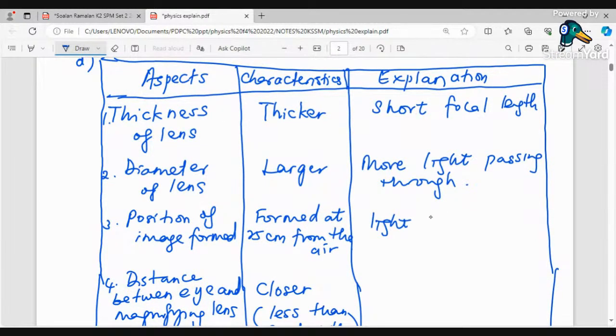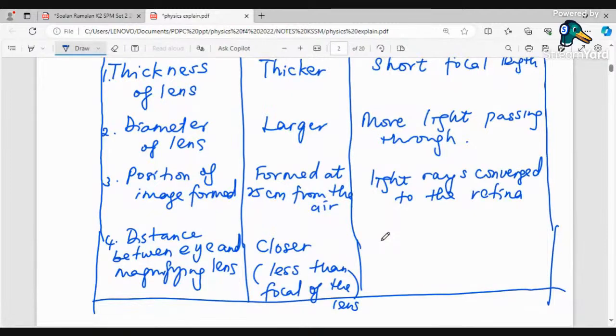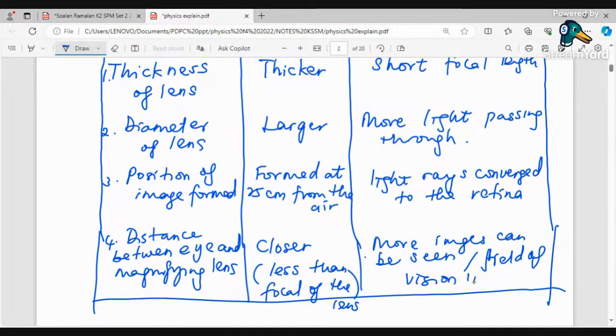So that we want light rays converge to the retina. Okay, distance closer so that more images can be seen. Ataupun field of vision increase. Okay.